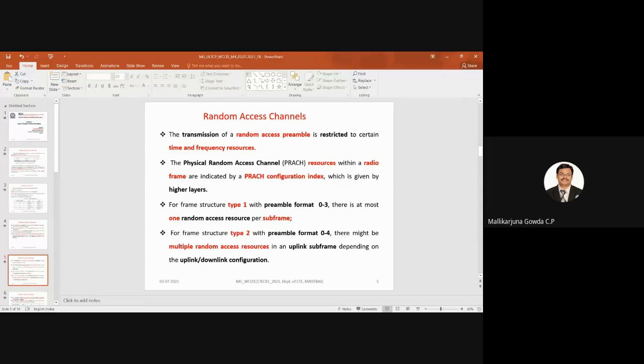For frame structure type 1 there are preamble formats 0 to 4, that is, 5 different preamble formats, and only for type 2 is format 4 used. For preamble formats 0 to 4, there might be multiple random access resources in an uplink subframe, depending upon the uplink or downlink configuration.